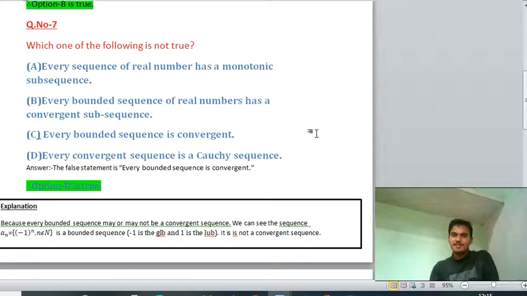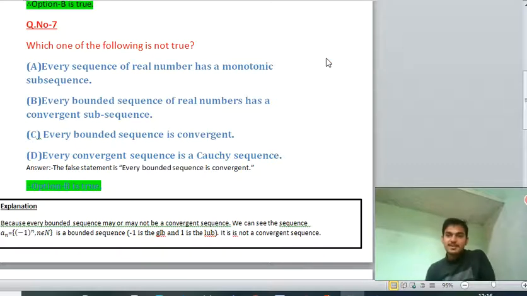Actually, there are famous mathematical statements. Every Cauchy sequence is bounded. Every convergent sequence is Cauchy. Every convergent sequence is a Cauchy sequence, and a sequence is convergent if and only if it is a Cauchy sequence.